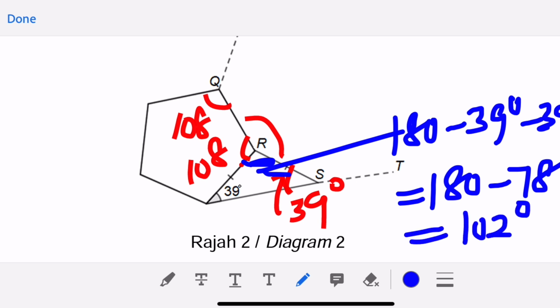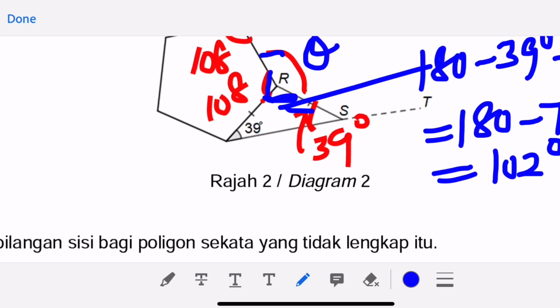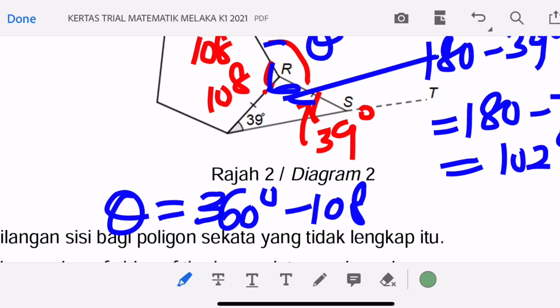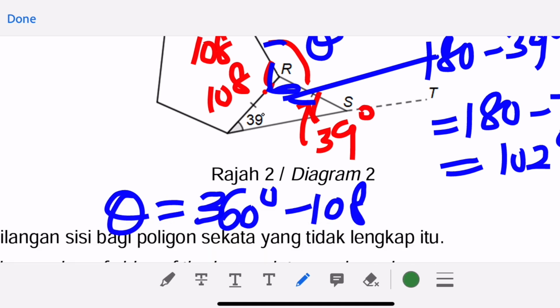So 102 degree, okay, we have 108. So this angle is 360 minus our 108. Let me show you. The whole thing here is a circle. We have 108, we have 102 here.